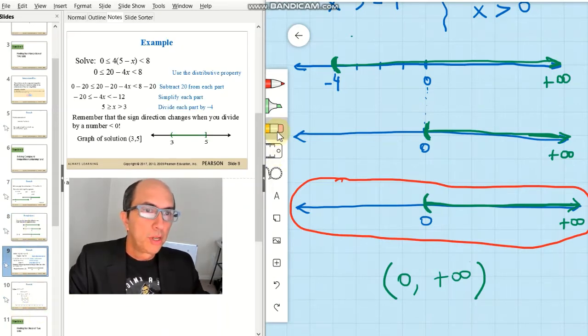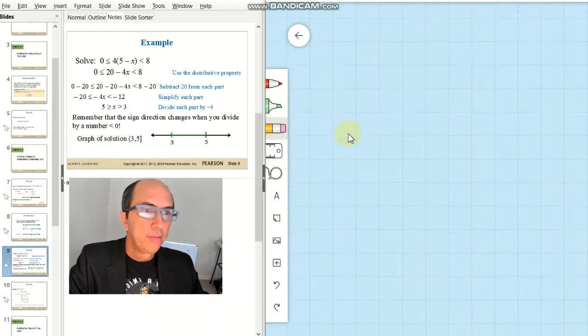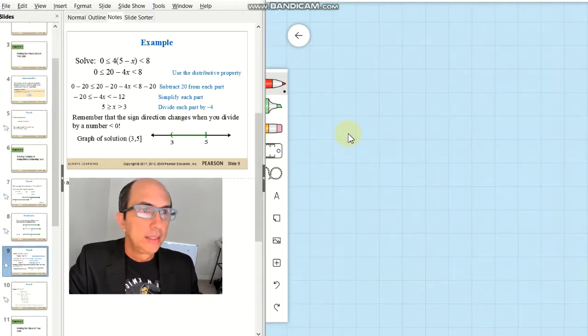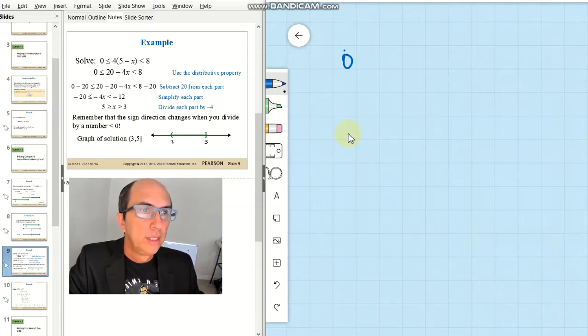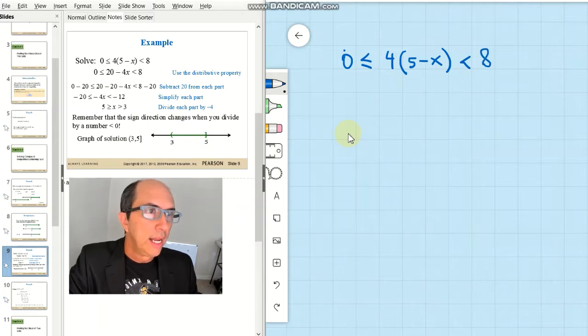Let's move on to another example. Now we have this inequality that we have to solve. 0 is less or equal than 4 times 5 minus x, which is less than 8.